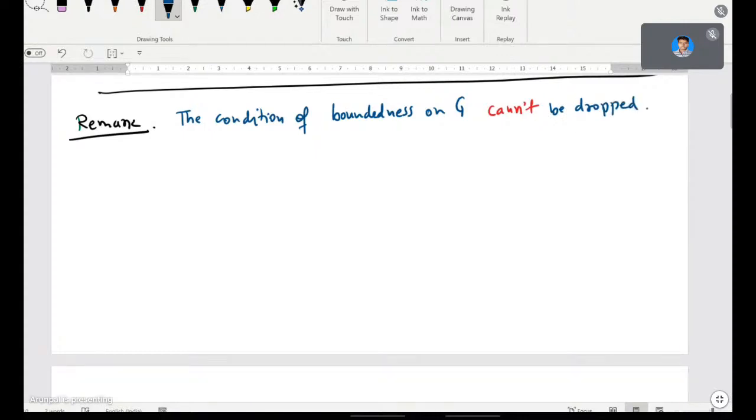So this boundedness condition on G is essential. Actually, it is this boundedness condition on G which forces the point at which the function will attain its bound to be in the boundary.